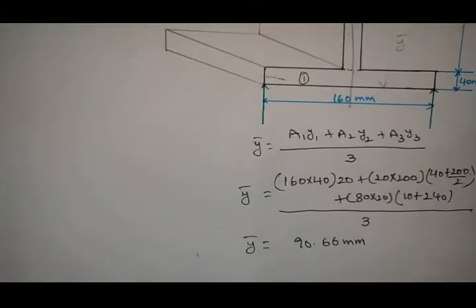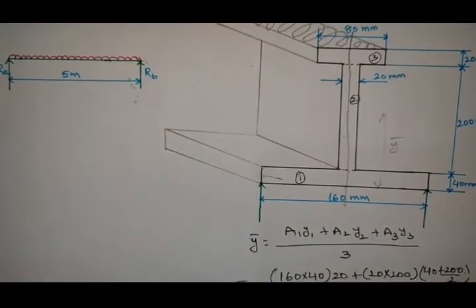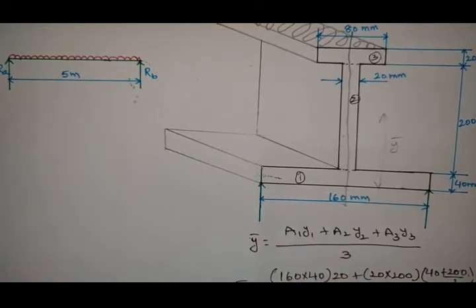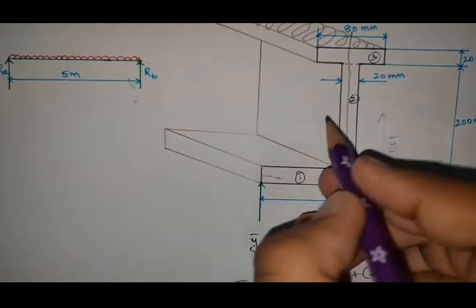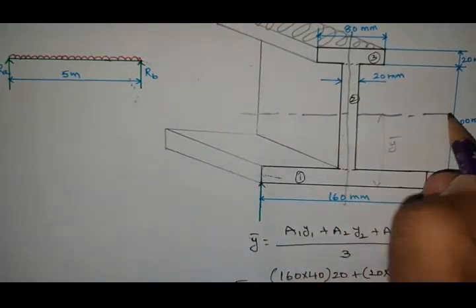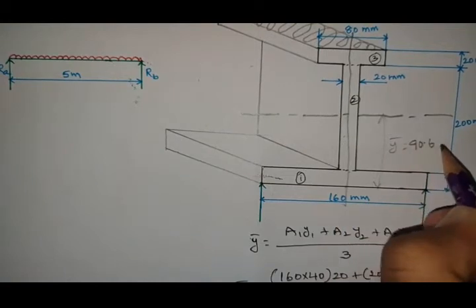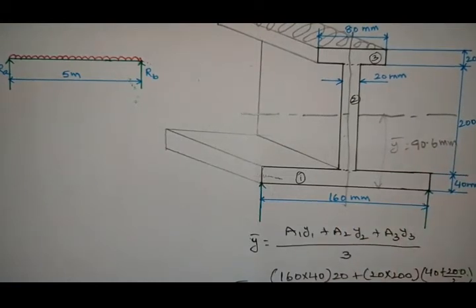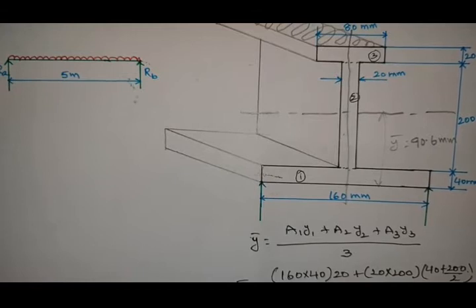Okay, so from the bottom of the surface, the neutral axis is at a distance of 90.66 mm. Okay, right. Next, now let us find the moment of inertia.